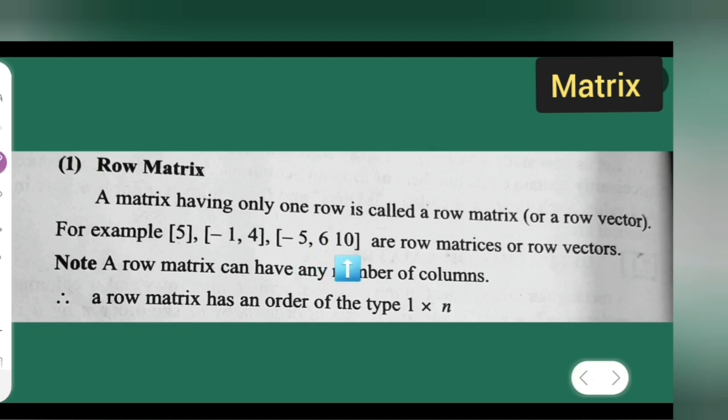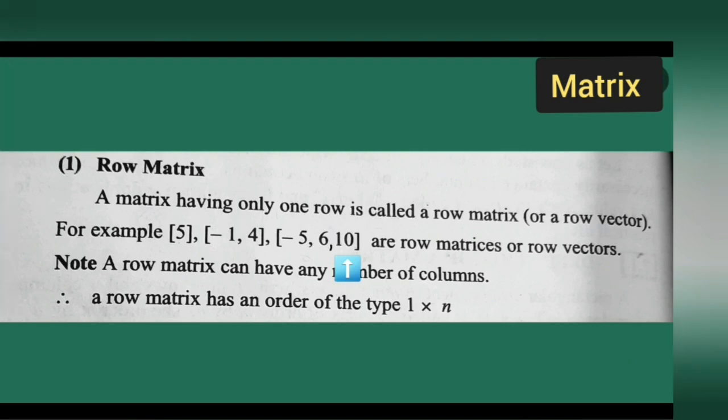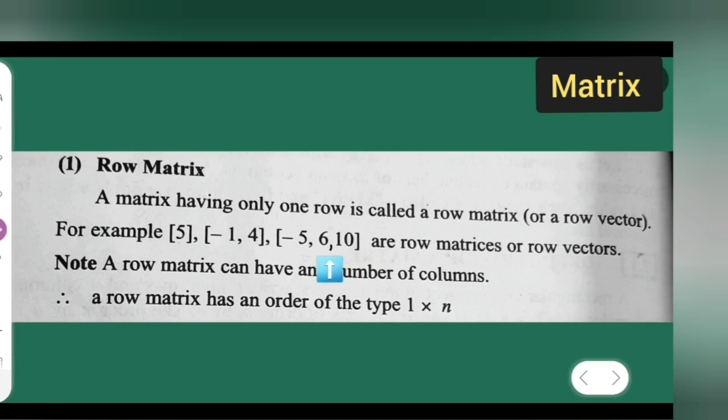Here you can put commas, so minus 5, 6, 10. So these are row matrices or row vectors. These three you all can see are the examples.